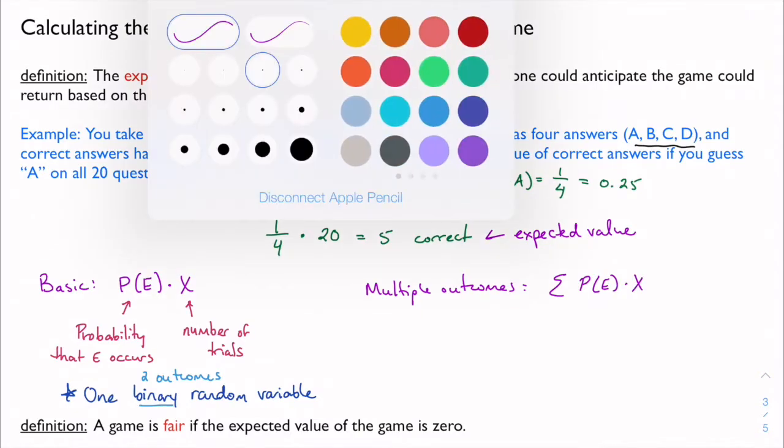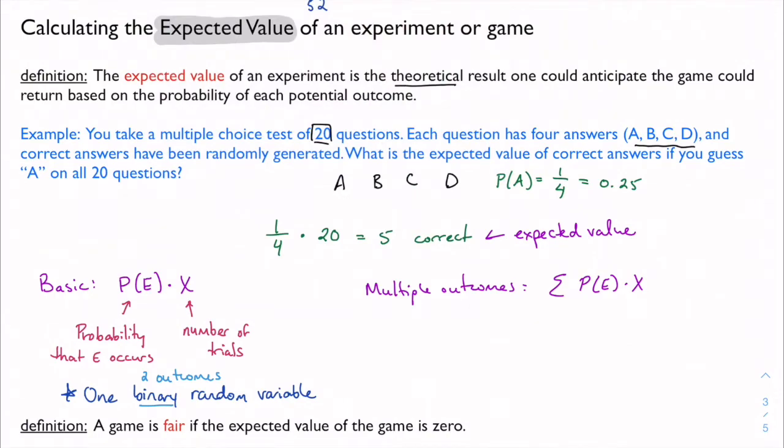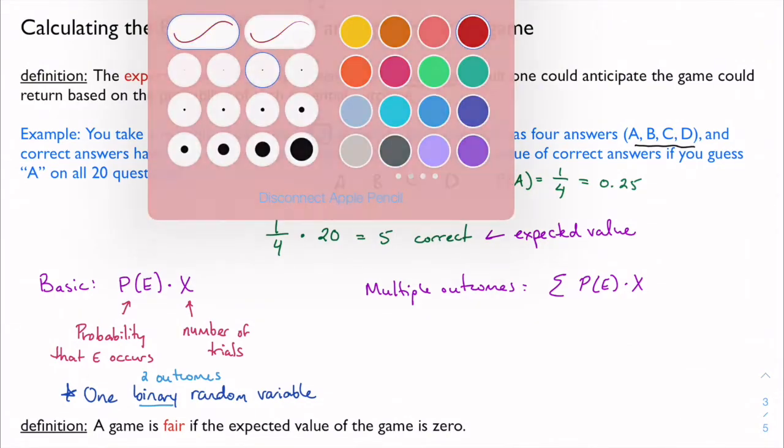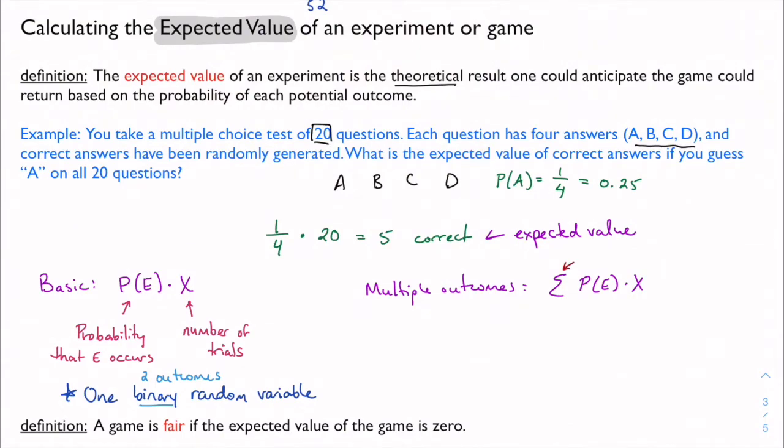And this notation here, which maybe you haven't seen before, is the Greek letter sigma, and our sigma notation just tells us sum. I'm going to add up all of the probabilities times their number of trials.